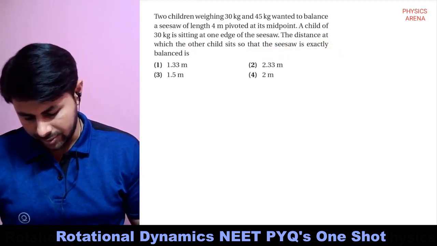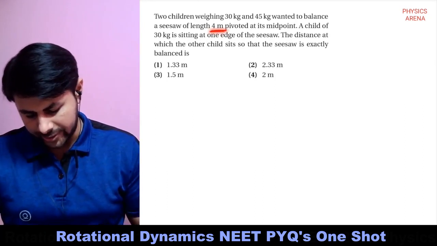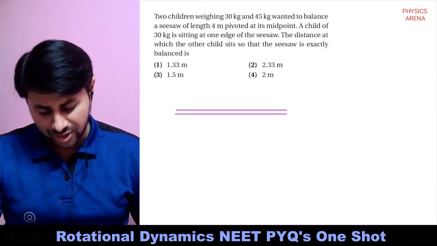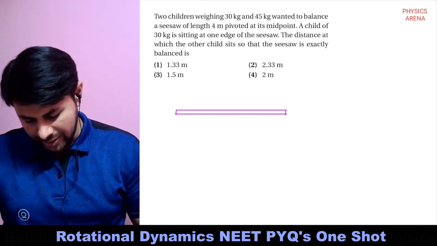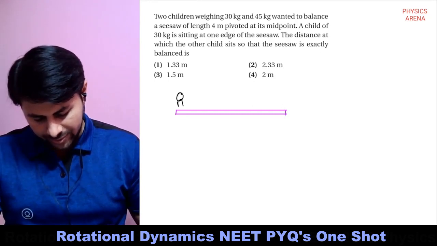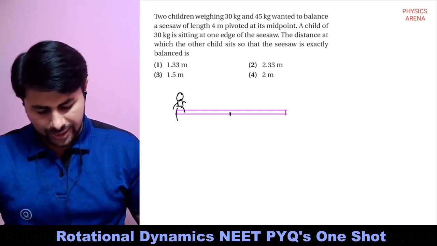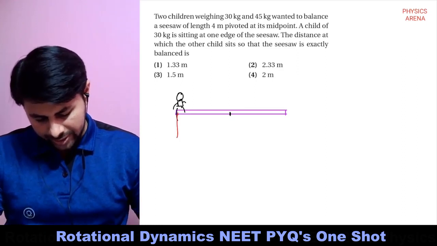Okay, so the seesaw has length of 4 meters. Suppose this is the seesaw. One child sits here, exactly at one end, and his weight will act downwards from that end.